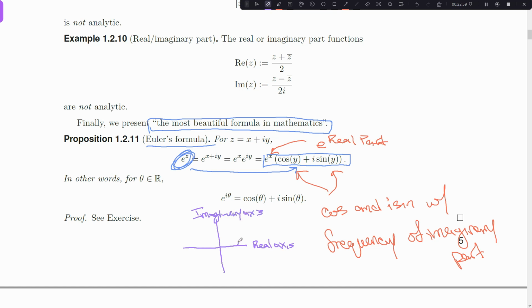Then e to the i theta actually traces out the unit circle in this real axis, imaginary axis plane that I've constructed, where, you know, if I say I'm sitting there, this angle is theta. So that's pretty nice. That's a very nice way of thinking about e to the i theta. It's just rotations in this real axis, imaginary axis plane, so to speak. We call this thing in purple the complex plane.